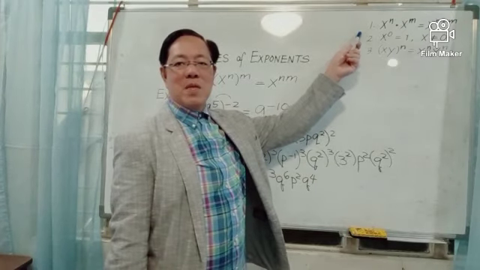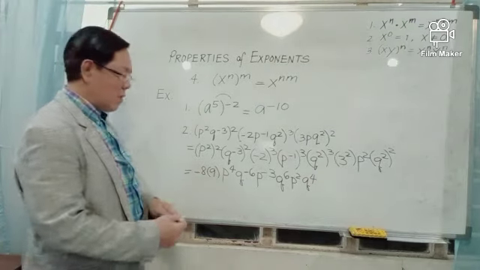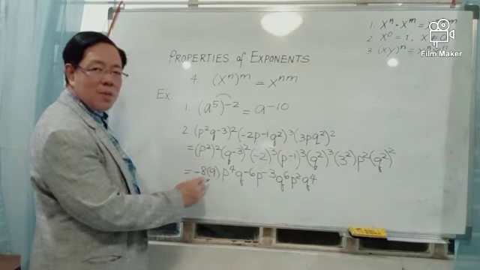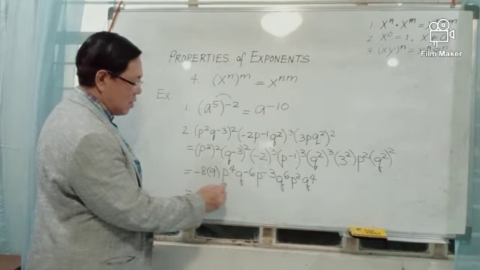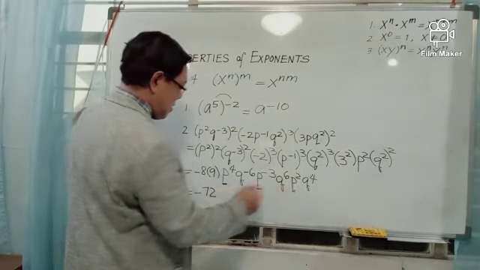Now to combine the literal coefficients with a common base of p and common base of q, apply the first property of exponent. Multiply the numerical coefficients. We have negative 8 by 9 is negative 72. We start with a common base of p. Common base is p.